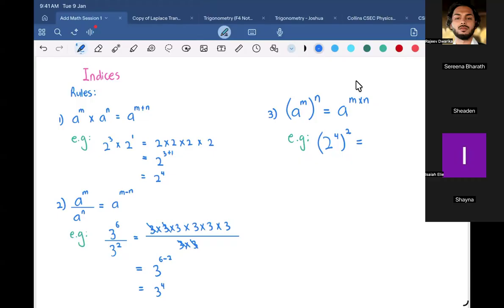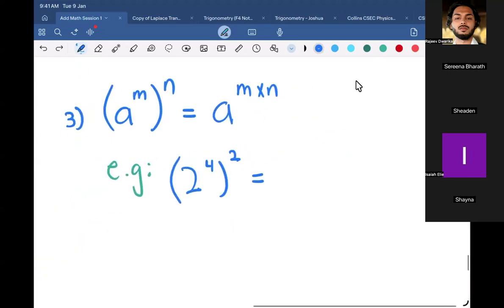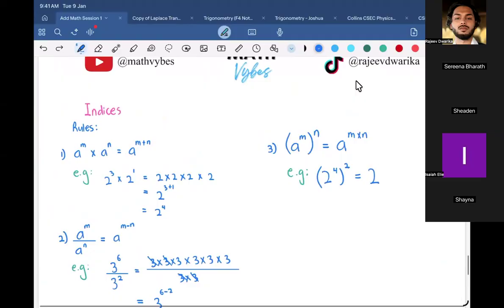So yeah, Shayna, you understand that 5 squared would be 5 by 5. So if I have 2 to the power 4 squared, that would be what by what? Do you think it would be 2 to the power 4 multiplied by 2 to the power 4? Do you all think that's correct?